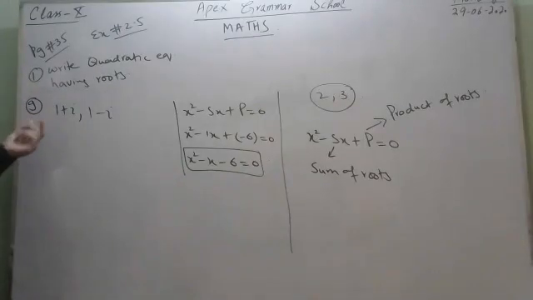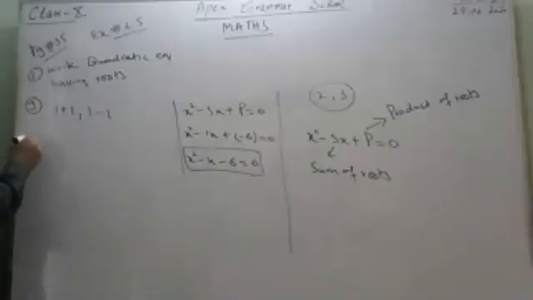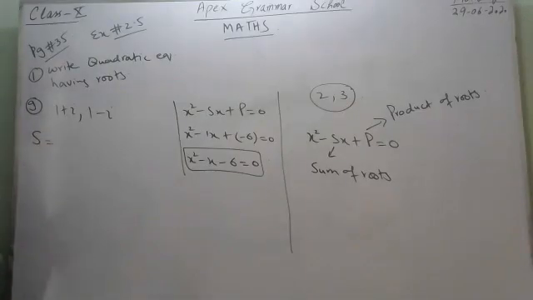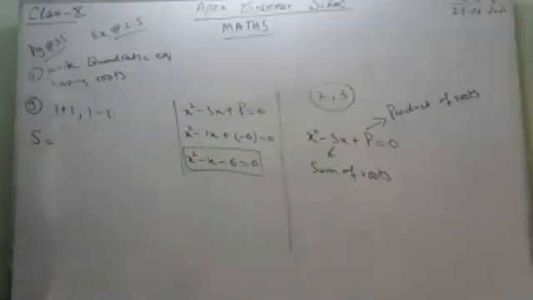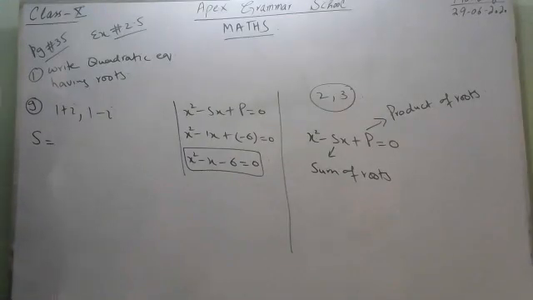These are two roots. This is first root and this is second root. We need to make the quadratic equation whose roots are 1 plus iota and 1 minus iota.